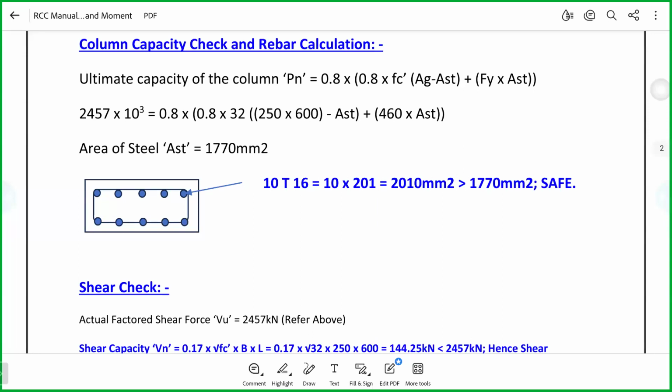She said first to find the depth. Depth means the thickness of the beam. Then the span, the full span of the beam. And then we have to find the moment of the factor. If the moment is under the limit, then it's fine.